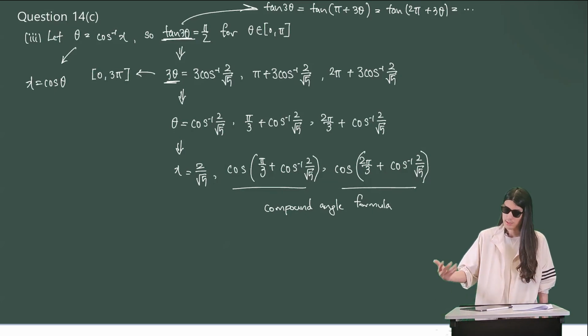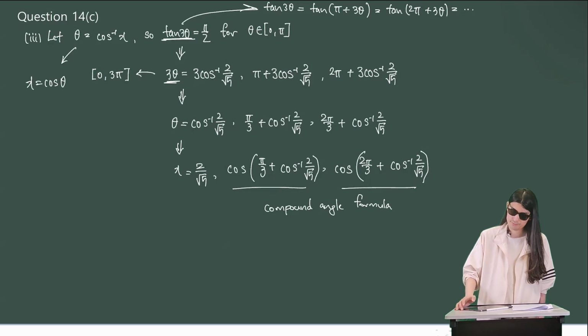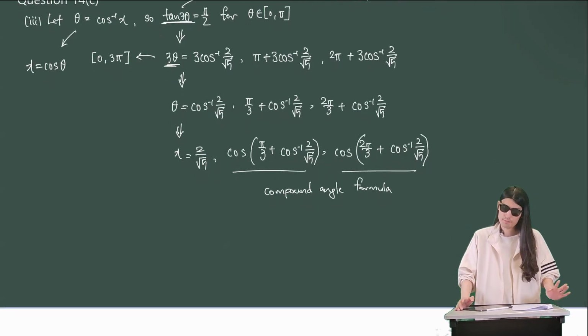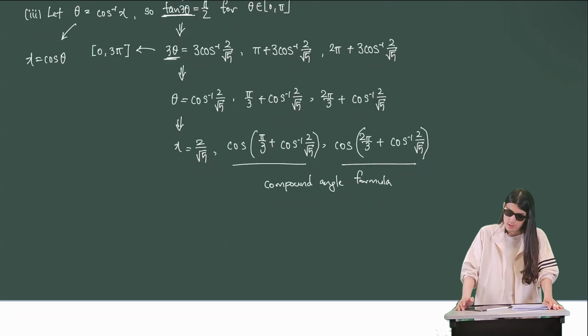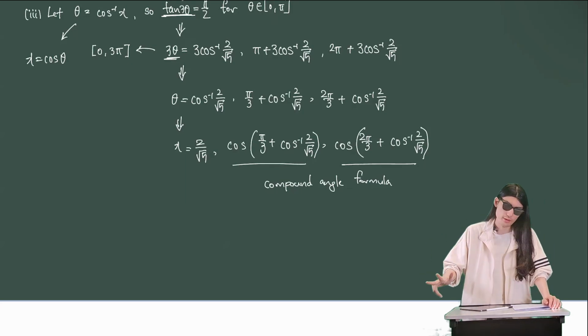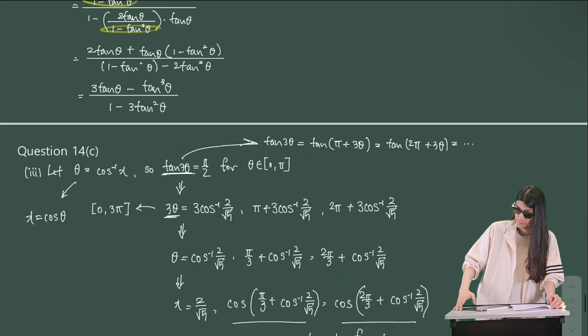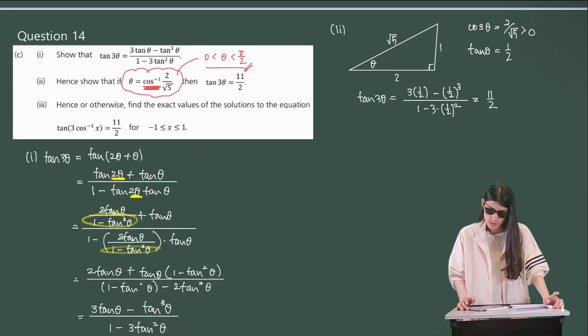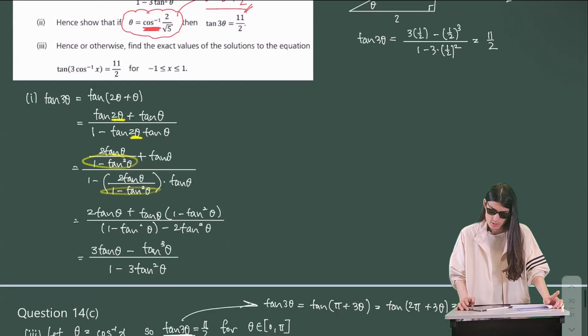I believe you guys can do that calculation yourselves. But the answers that you get by simplifying these expressions using the compound angle formula, and of course the 2 on root 5, those 3 values of x are the solutions to this equation.